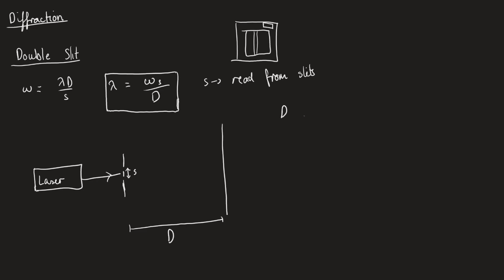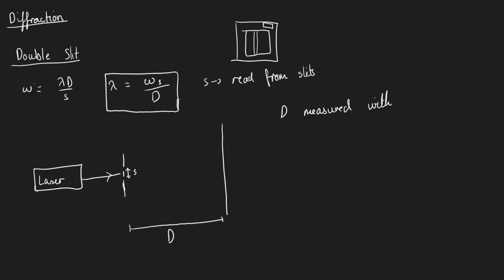Now D can be measured with a ruler, because your value for D needs to be quite large. The reason you want D to be quite large is because you want w to be quite large in order to have a more accurate reading. If you have a really small fringe spacing, your uncertainty is going to be a very high percentage of the actual measurement that you take.